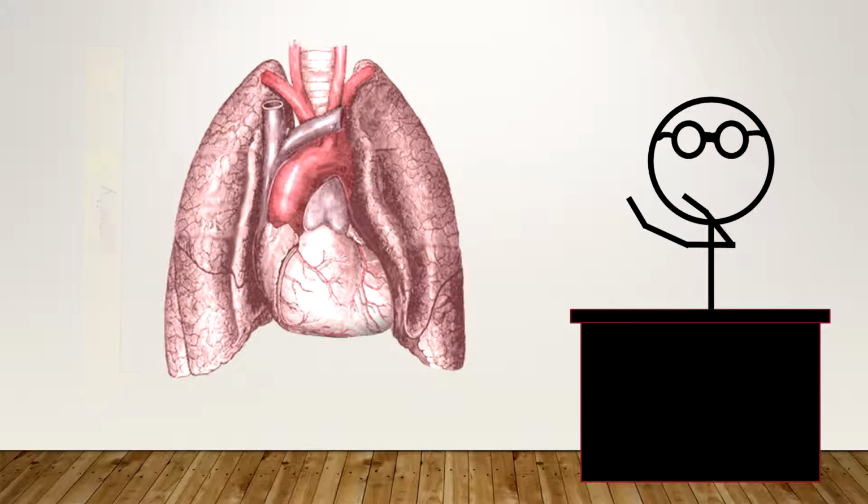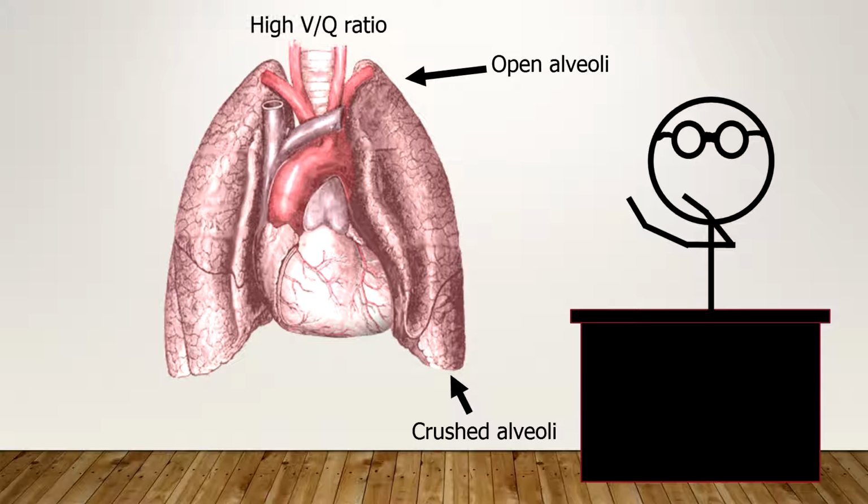When you look at the top of the lungs, you can see that there's very poor perfusion because blood is not under a lot of pressure coming out of the right ventricle and so doesn't flow as quickly or as well into the top parts of the lung and tends to want to preferentially go to the base of the lungs. On the other hand, however, because the lungs are being pulled down by the weight of gravity, the top of the lung is always completely open and always available for gas exchange.